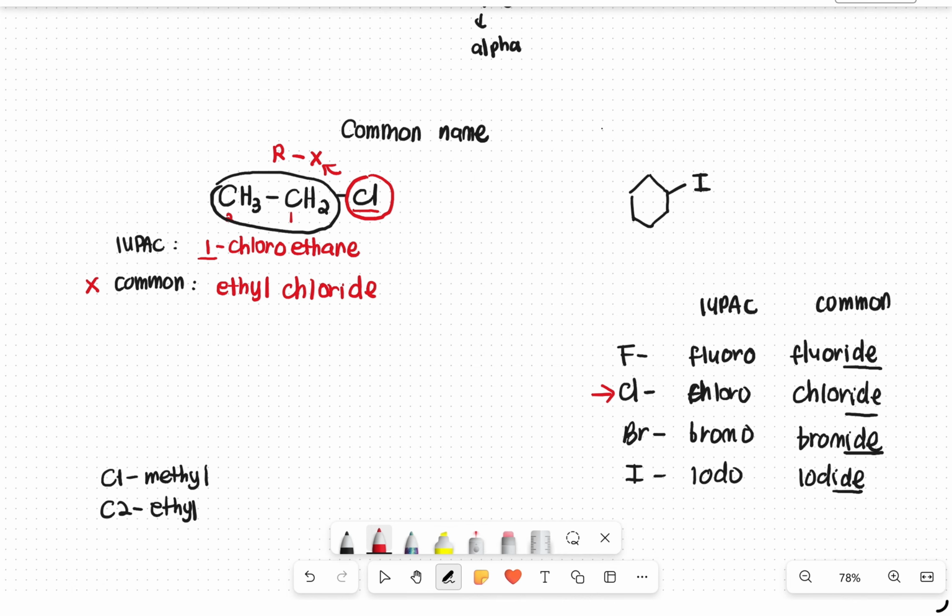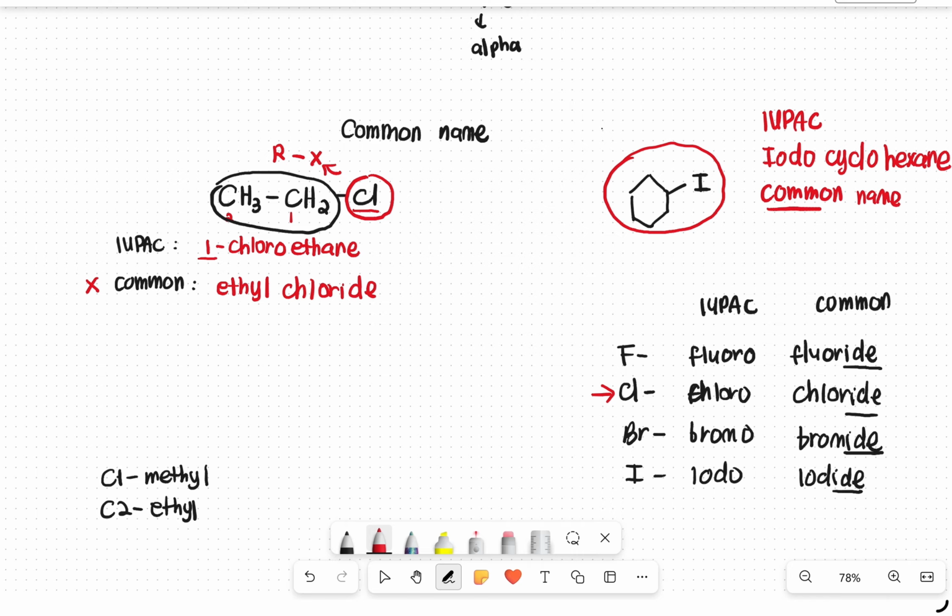Now we look at the second one. So this structure, originally this is iodocyclohexane. But since this is IUPAC, if you write it for common names, we name the alkyl first. So this is the alkyl group attached.